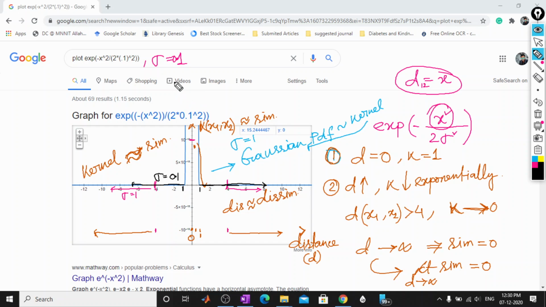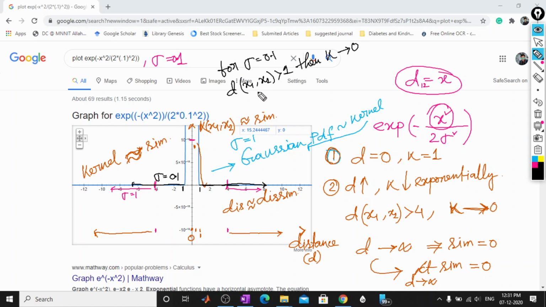If we simply use 0.1, see how the function squeezes. Let's write this: for sigma equal to 0.1, if d of x1 and x2 is greater than 1, then the kernel tends to 0.